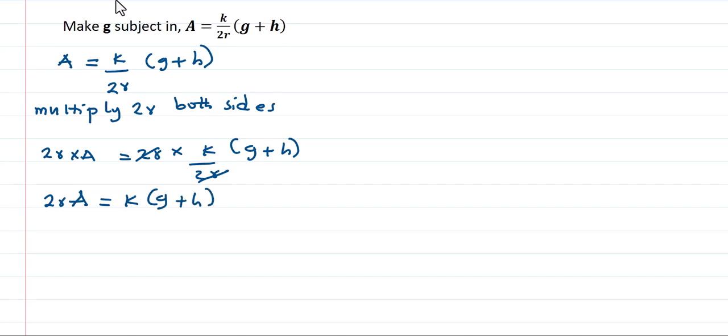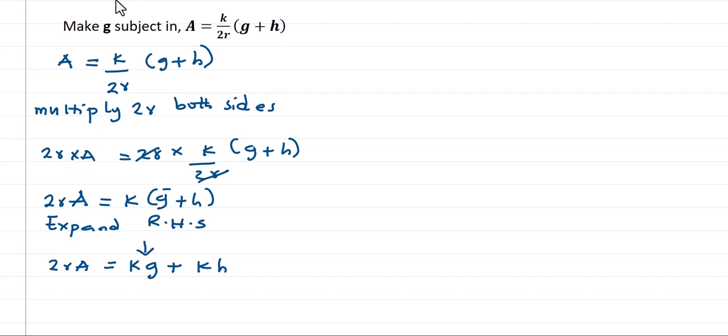We are meant to solve for g, not k. So we can distribute k on the right hand side. So let's just say expand the right hand side, or you can say distribute k on the right hand side. So we'll have 2ra is equal to kg plus kh. Our interest is g.